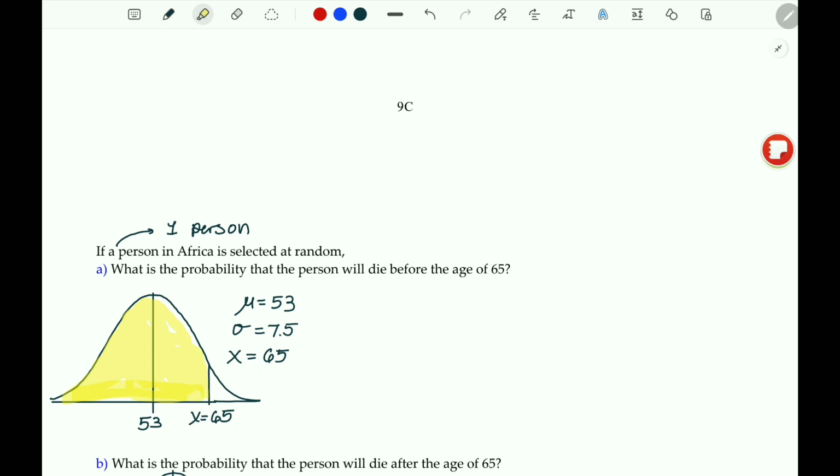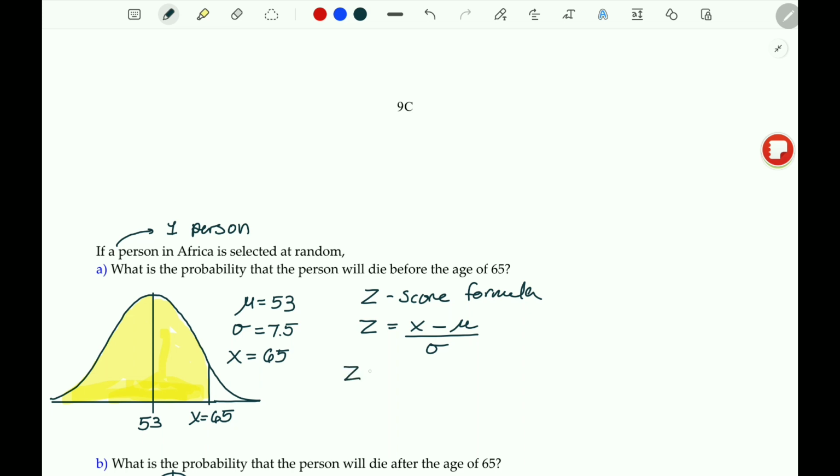In our case, we don't have a z-score right now. We have to convert our raw data into a standardized score in order to find the probability. Because we're looking at one person, we will be using the z-score formula. Z is equal to the data value minus the mean divided by the standard deviation.